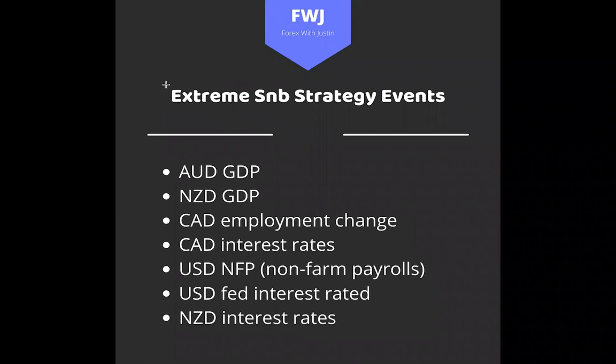With this one, you don't give away any pips. Your broker doesn't wait for any pips before they can execute trades for you. With the Extreme SNB, you'll be entering the trade there and then. The moment you click on buy and sell, you'll be in the trade live. So there's no need for waiting for anything before you can enter a trade. That's what makes it more effective than the Easy SNB.